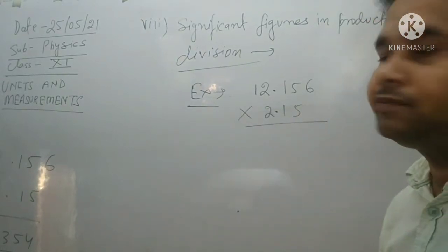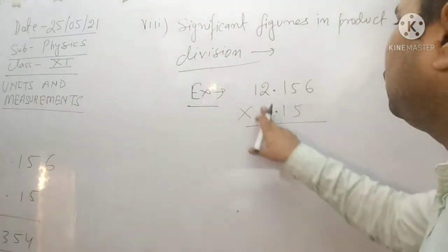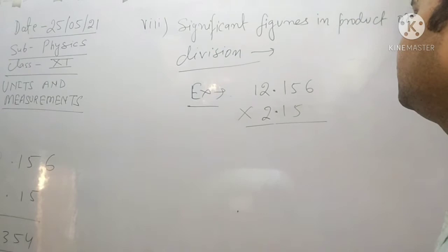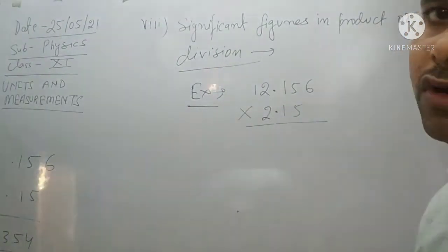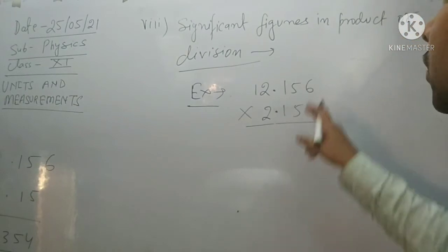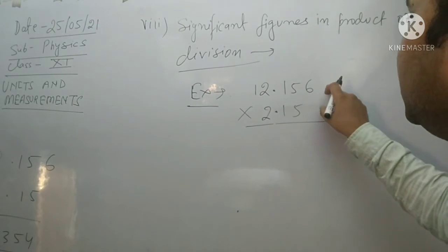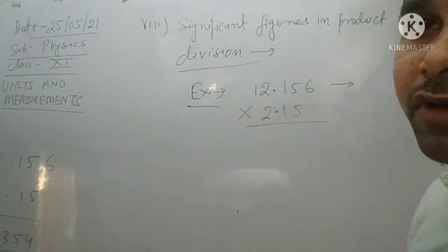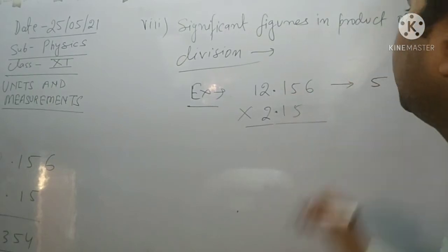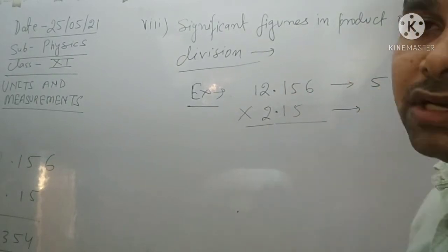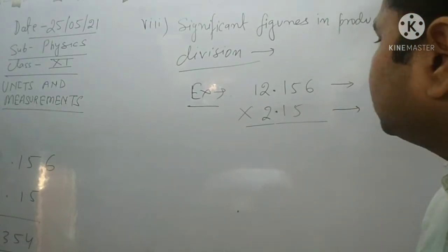This is an example: 12.156 and 2.15, and we have to find the significant figures in the product of these two. So these are our original numbers. In the first original number, how many significant figures are there? 1, 2, 3, 4, 5. In the given second number, there are 3 significant figures.